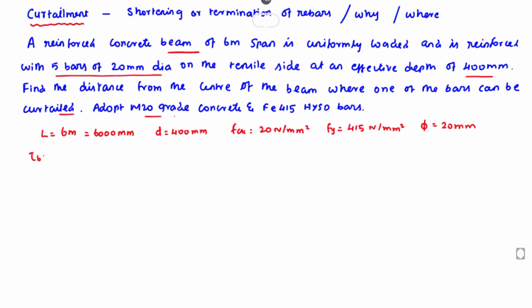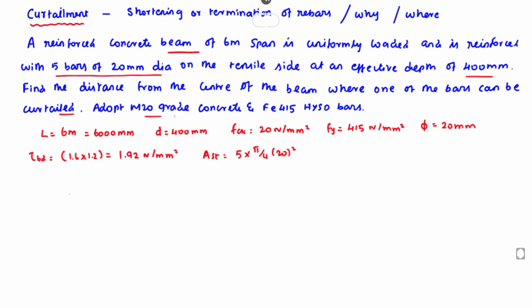Then tau bd equals 1.6 into 1.2, that is equal to 1.92 Newton per square mm. Now Ast will be 5 numbers of 20 dia bar, so pi by 4 into 20 square.